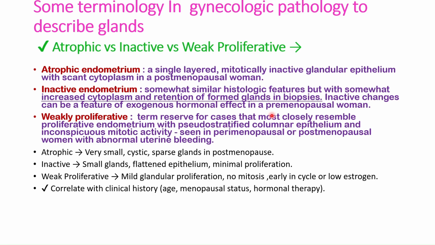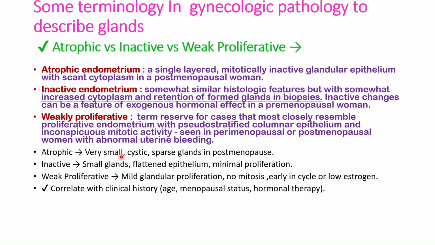Now, important terminology to describe glands, whether it is atrophic, inactive, or weak proliferative. So, what is atrophic endometrium? This is a single layered mitotically inactive glandular epithelium with scant cytoplasm in postmenopausal womb.